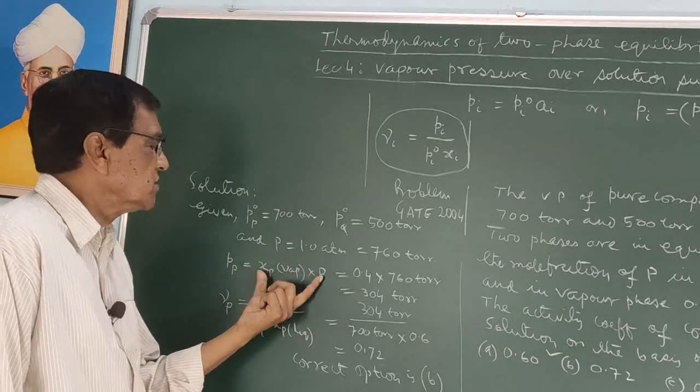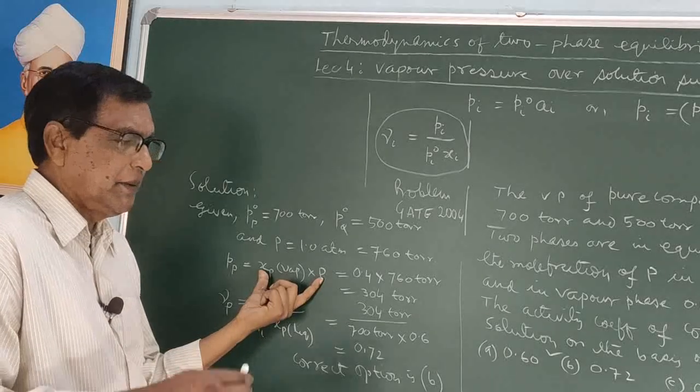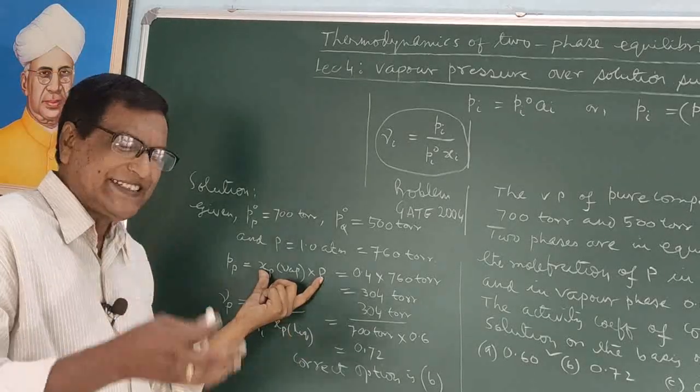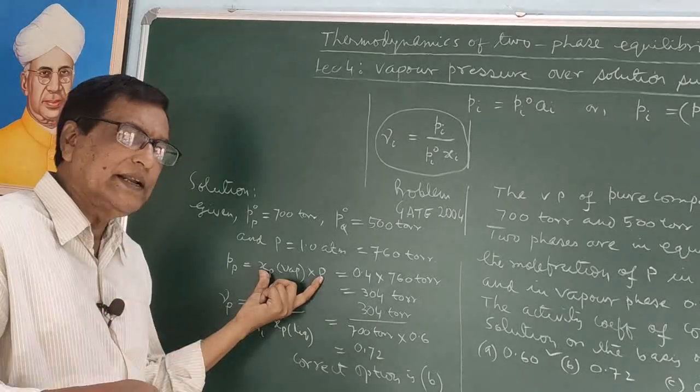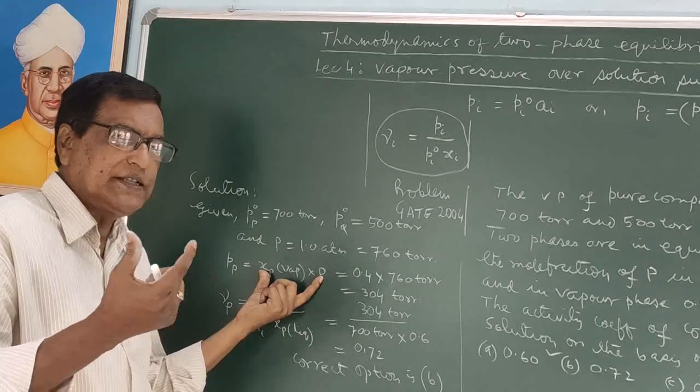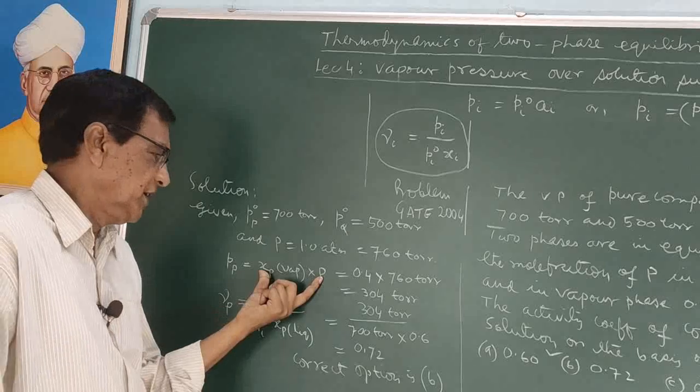This is Dalton's law of partial pressures, and the vapor phase is assumed to be ideal, as the vapor pressure is small enough to behave ideally.